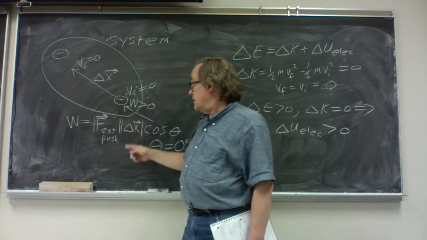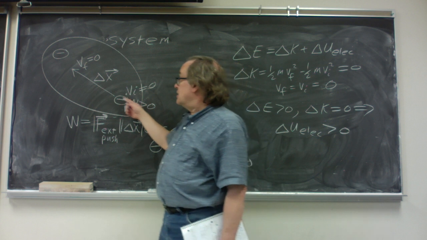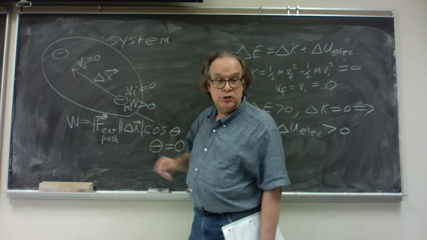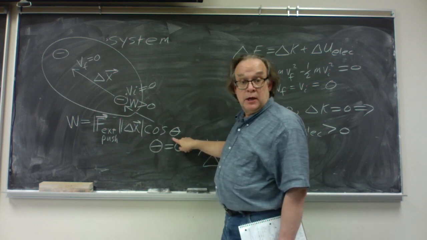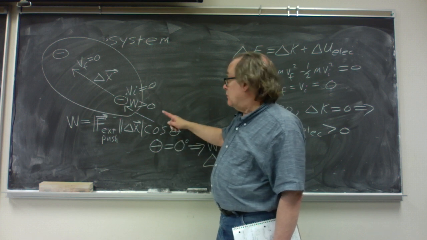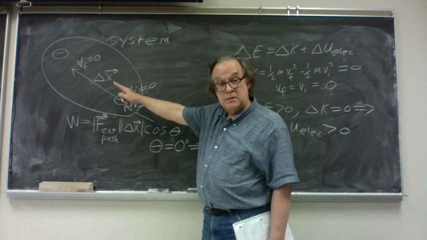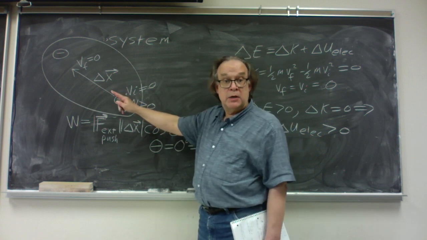So in that case, the magnitude of the displacement is just the same as the distance traveled while feeling my pushing force. And then cosine of an angle, and remember, this angle is the angle between the force direction, which goes this way in this case, and the displacement direction.